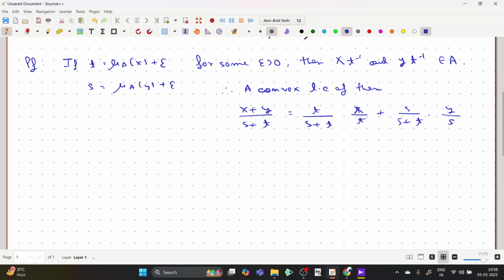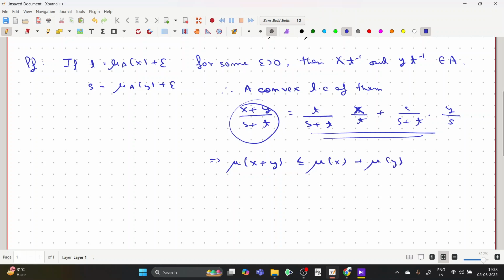This is x by t, y by s, and from here it's obvious. So this implies that mu of x plus y is less than or equal to mu of x plus mu of y plus 2 epsilon, and this happens for an arbitrary epsilon greater than 0. And so we have the necessary inequality.